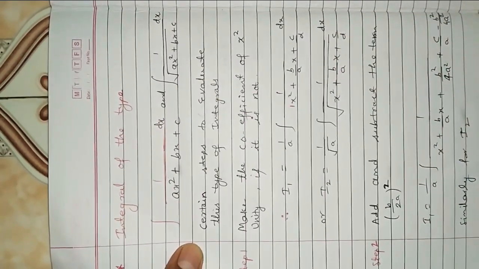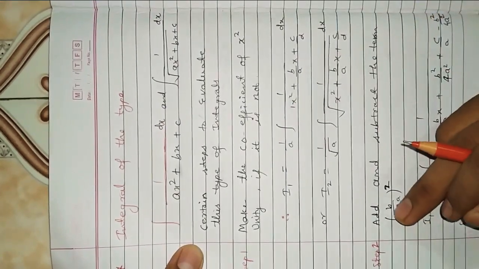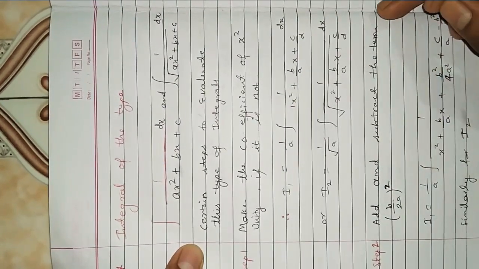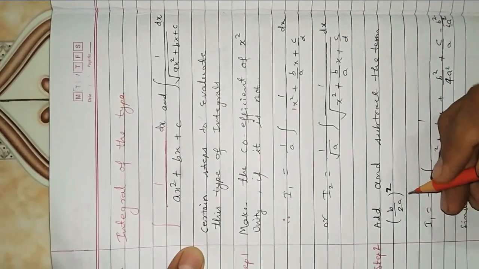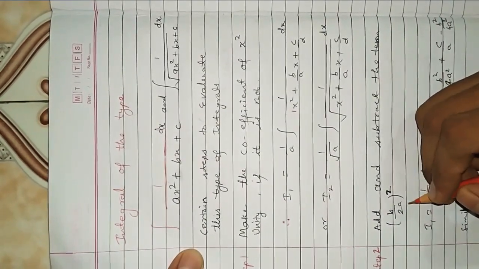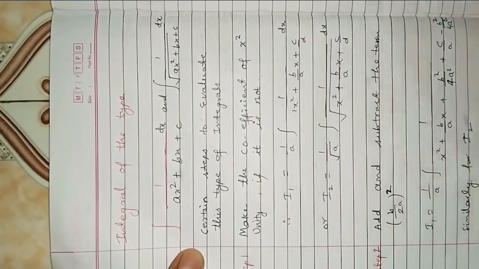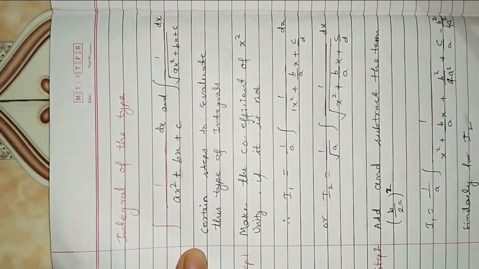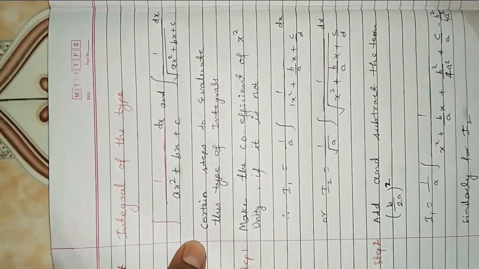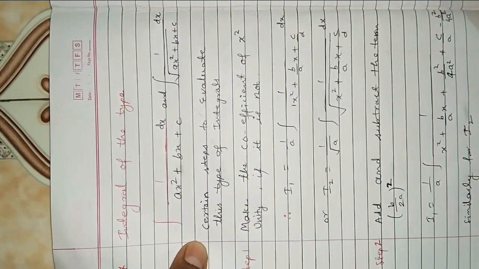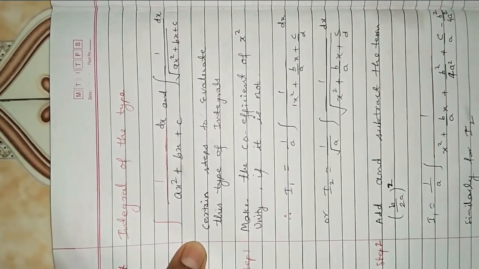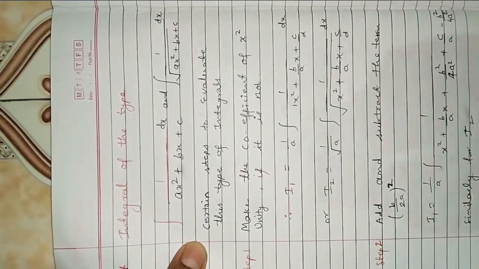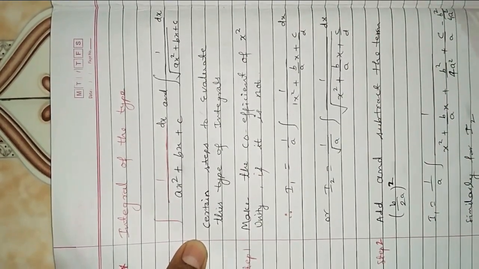Let's come to step number 2: add and subtract the term b by 2a, the whole square. I think you might have learned in 9th or 10th how to make the perfect square, isn't it?